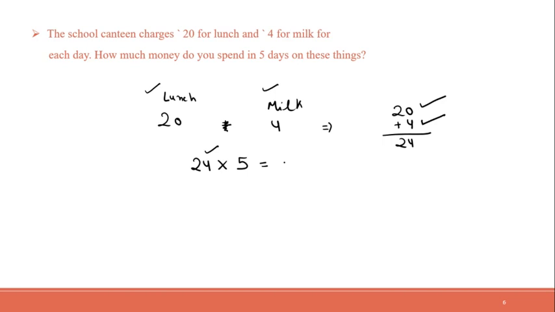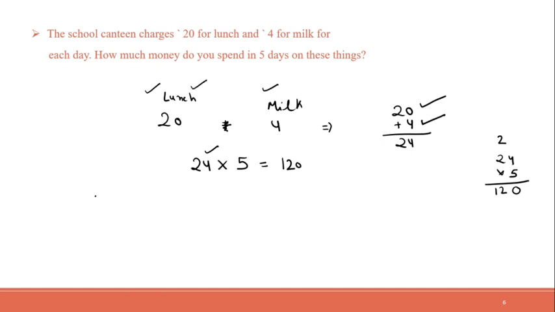What will I get? 24 into 5. How will you do it? 5 into 4 is 20, 0 here, 2 extra. 5 into 2 is 10 plus this 2, 12, right? So I have to pay 120 for 5 days if I want lunch and milk for 5 days.